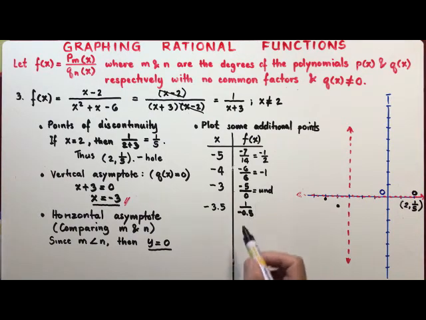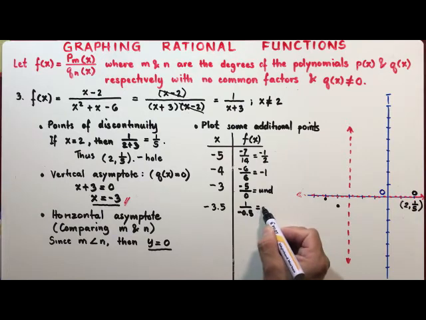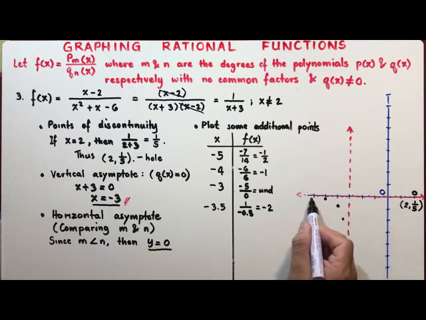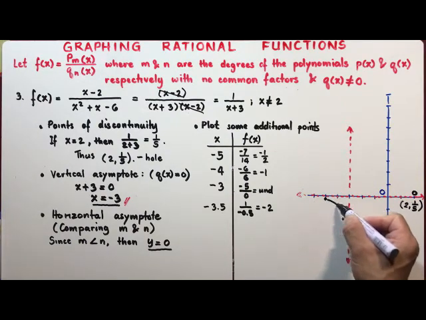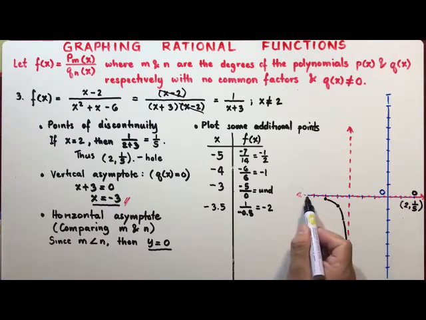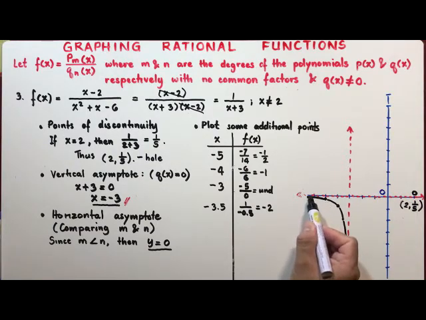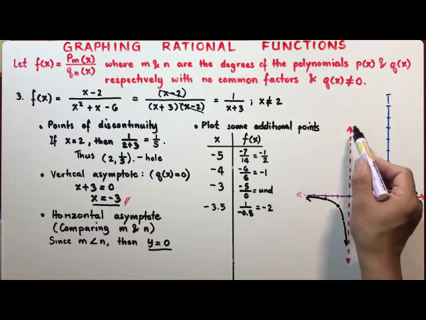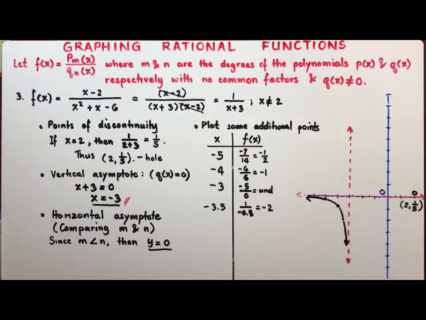And 1 divided by -0.5, that is -2. So when your x is -3.5, the y value is -2. So it's here. And if you connect this point, you notice that you form a curve that is approaching this vertical line, x equals -3, and it's approaching also to the x-axis, because our x-axis is our horizontal asymptote and x equals -3 is our vertical asymptote.